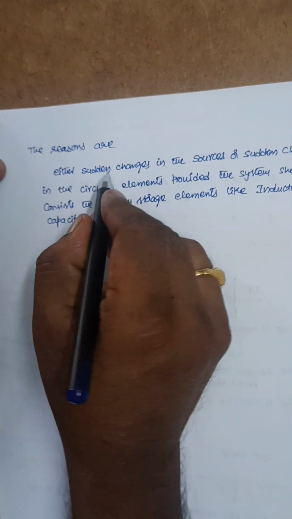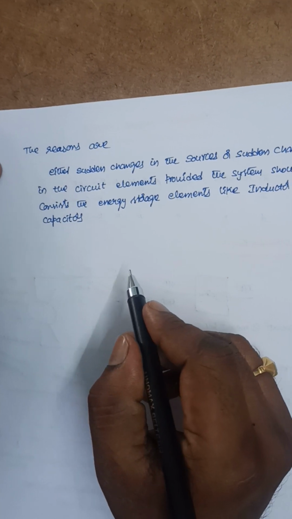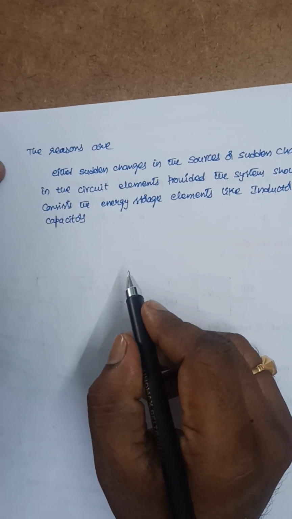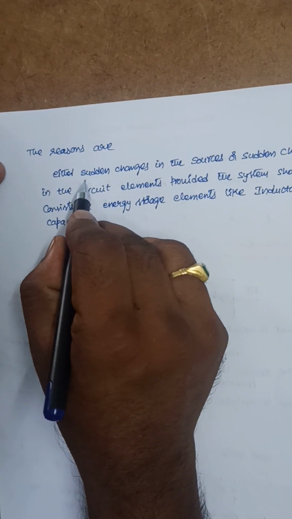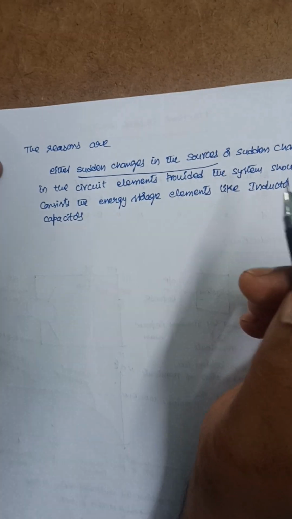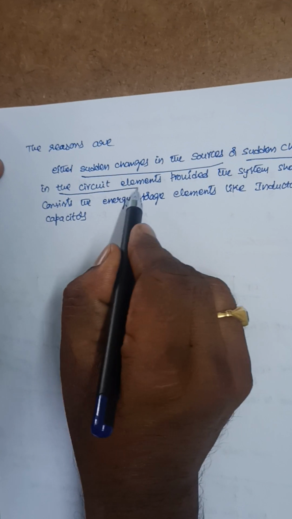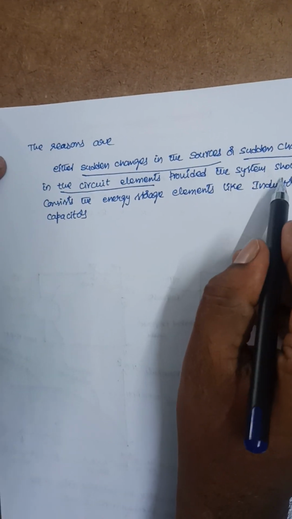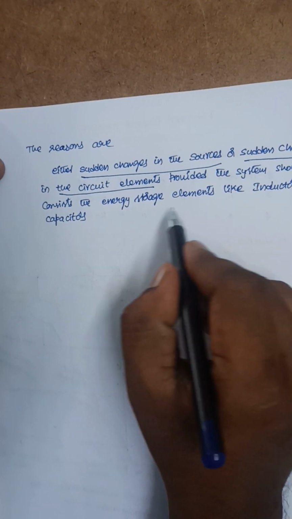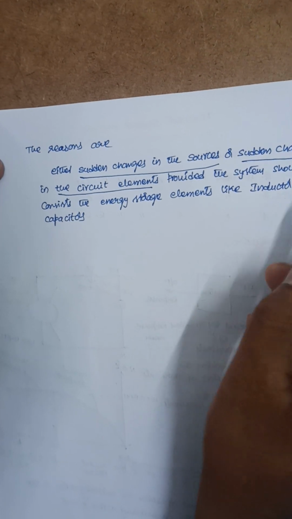So these are the reasons behind the production of the transients in a system. Sudden changes in the source magnitudes or sources, sudden changes in the circuit elements, provided the system should consist of energy storage elements like inductor or capacitors.